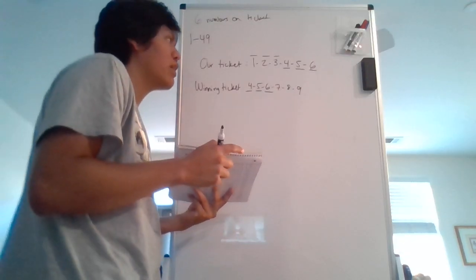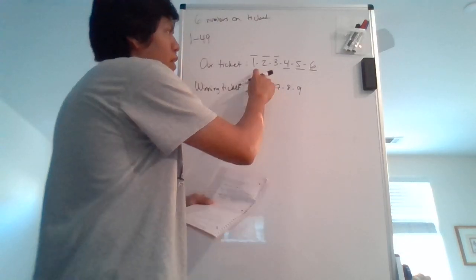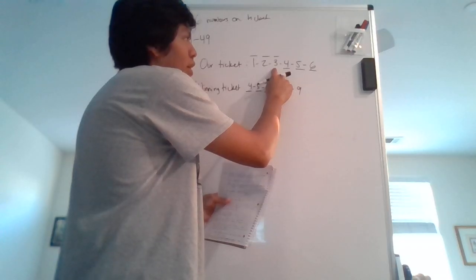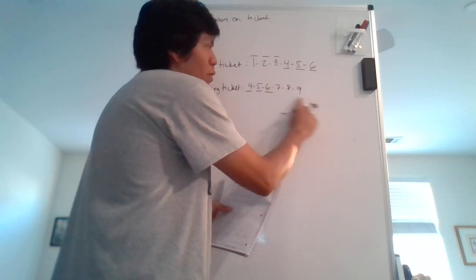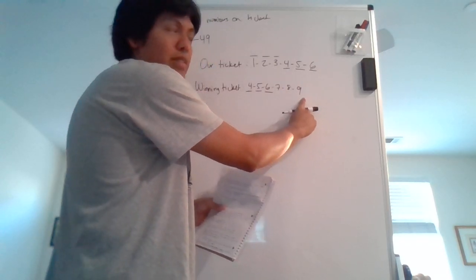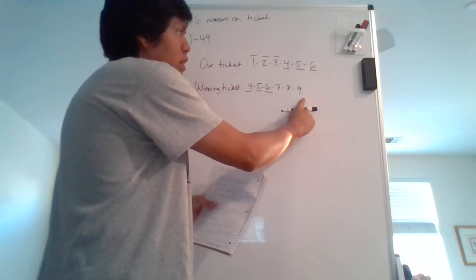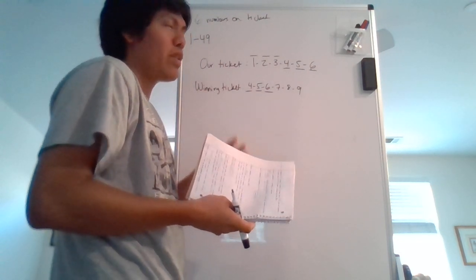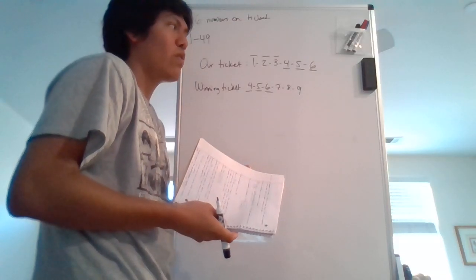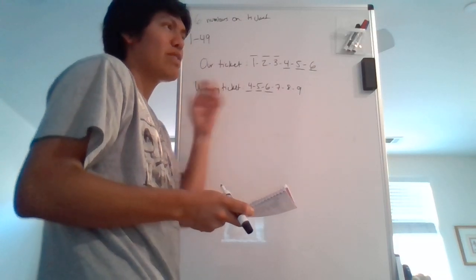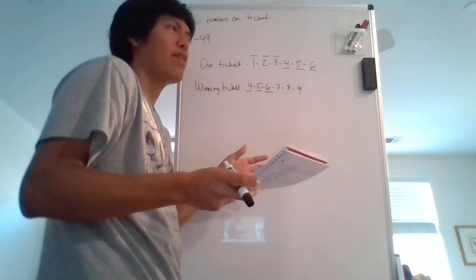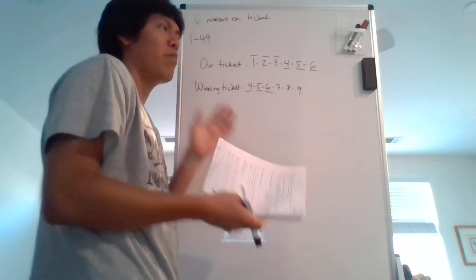But, like I said, these 3 numbers cannot match the remaining 3 numbers on this ticket. So really what we're doing is taking out 6 total numbers from the 49 that are presented to us.